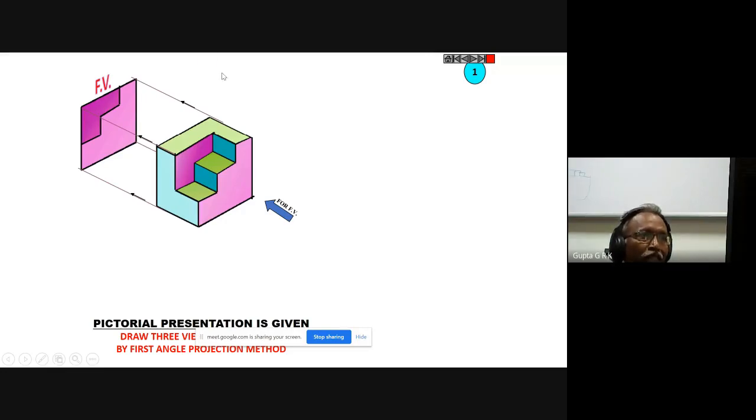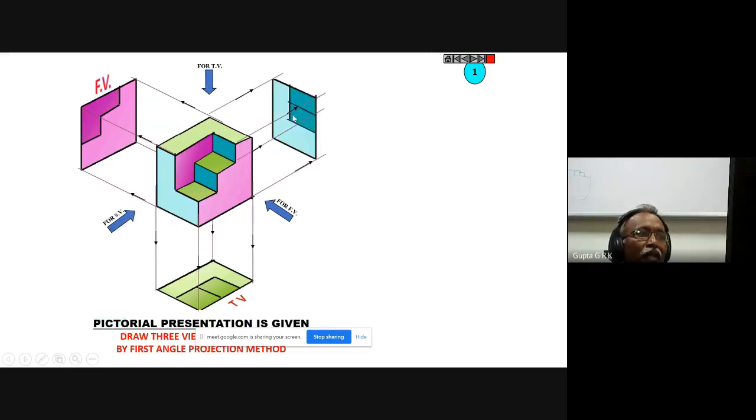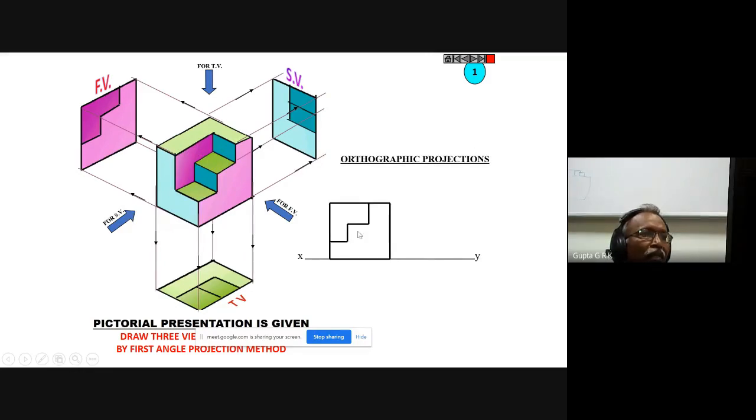And for the top view, I stand there, I look at it, and I get the top view here. And for the side view, I see from this side, and I get it there. I have to draw this onto a single drawing sheet like this, with the XY line, and I get the front view here and the top view below XY.